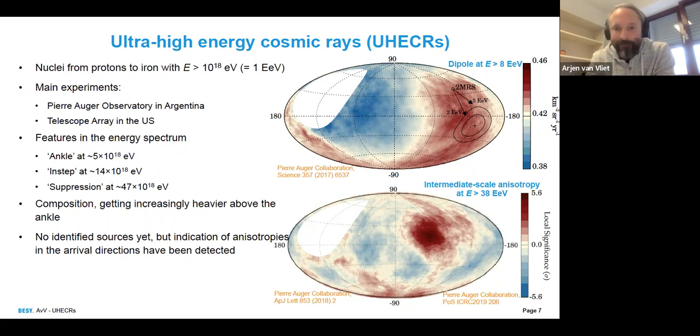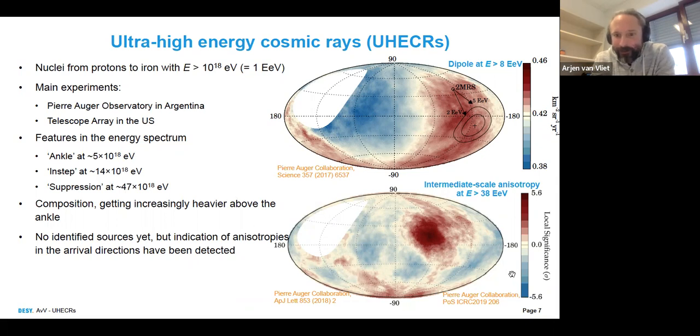The difficulty about discovering what the sources of these ultra-high-energy cosmic rays are is that these are charged particles, so they're protons or iron nuclei, completely ionized, so they get deflected in extragalactic and galactic magnetic fields, which means they don't point straight back to their sources. That makes it very difficult to directly detect the sources.